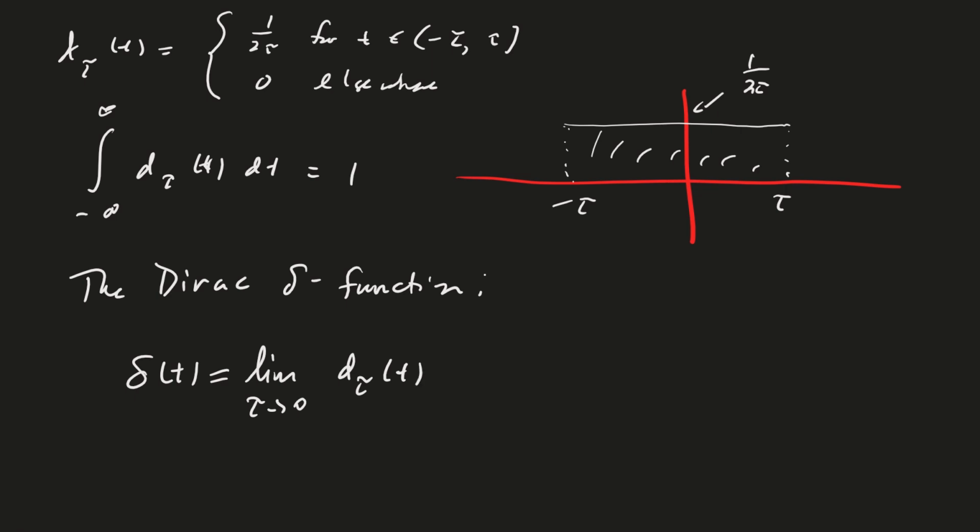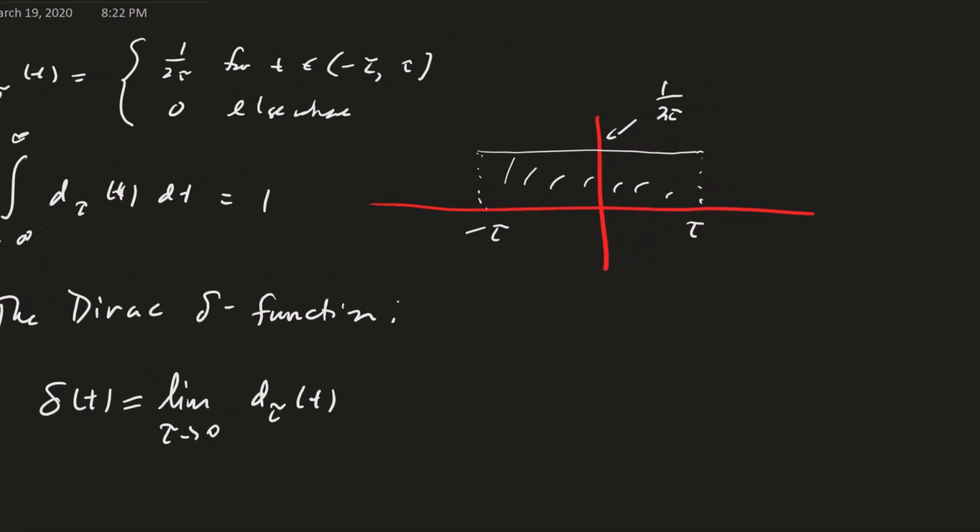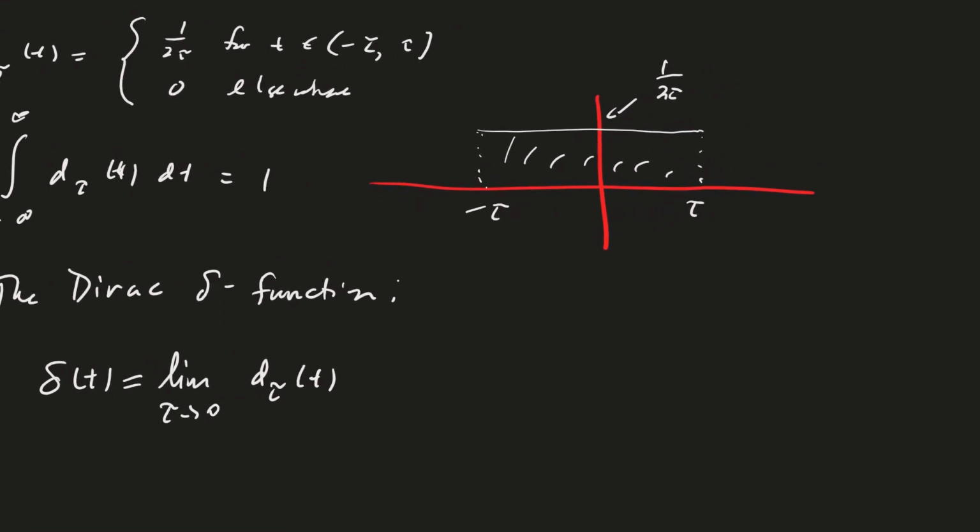Now, what is that going to be? If we take a look at our picture over here, this is 1 over tau, right? If I make tau a little bit smaller, what's going to happen? If I take tau to go to 0, then it's going to make a bigger and bigger height here, right?